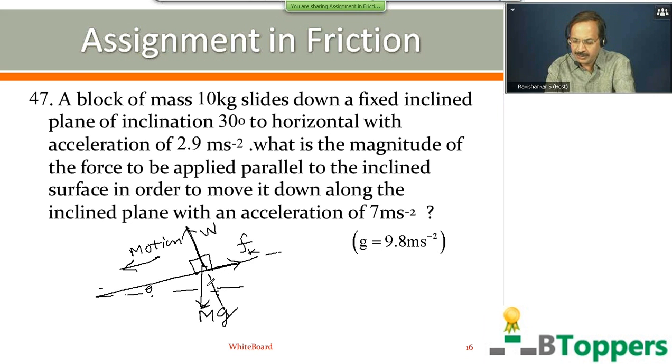We can resolve the weight mg into rectangular components parallel to and perpendicular to the inclined surface. The component mg cos theta acts perpendicular to the inclined surface. The component mg sin theta acts parallel to the inclined surface down the inclined plane.